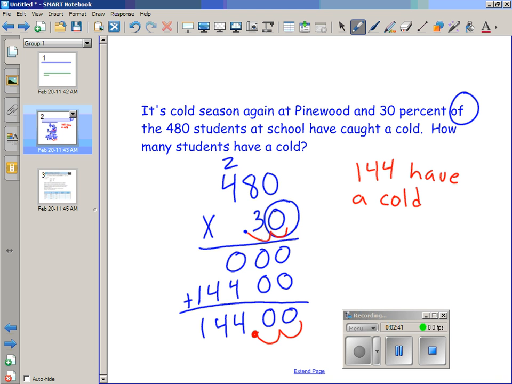I would still have had to do my whole multiplication problem in order to figure out how many do have the cold, and then I would have to take my total of 480 students and subtract out my students who do have a cold. 10 minus 4, I have 6. 7 minus 4, 3. 4 minus 1, 3. That means that 336 students don't have a cold.